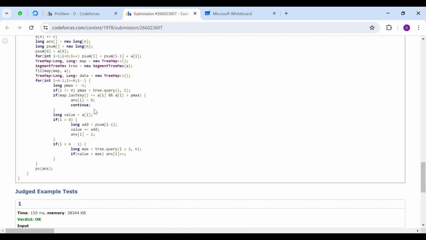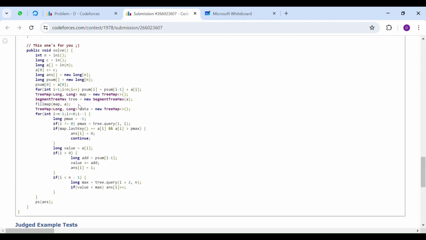Now, first I have added all of the values of a into my map and checked if this is the maximum value or not. If it is the maximum value, it should be strictly greater than all of the values to its left. If this is true, the answer is 0, and that is done.